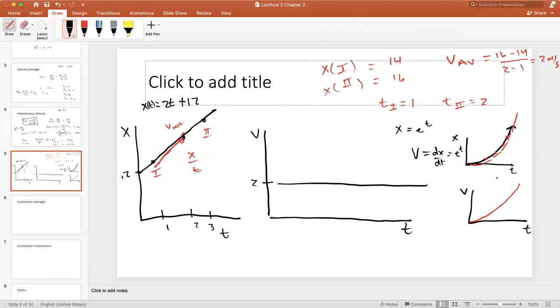The instantaneous velocity is the derivative, and the derivative is a rate of change. It's the change of position with time. On an x of t graph, your slope, if you took it over several points, would be an average. But your slope at any particular point, if you specify a particular time, that slope is your instantaneous velocity, okay?